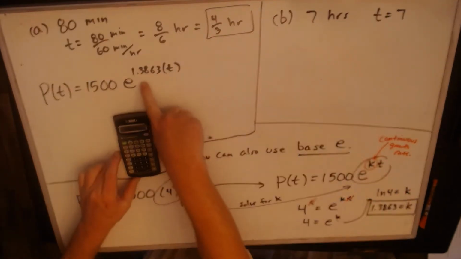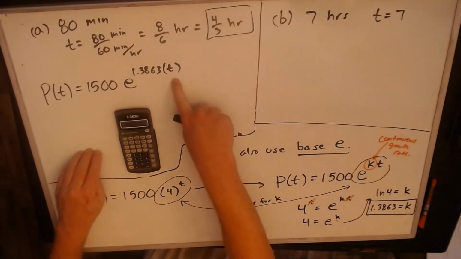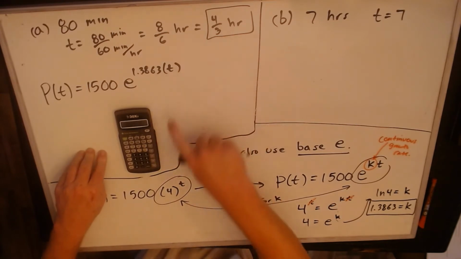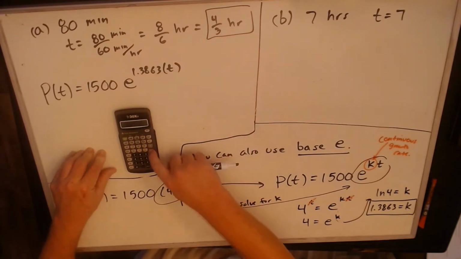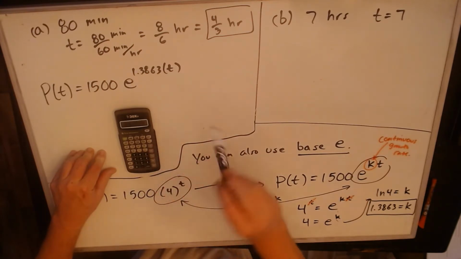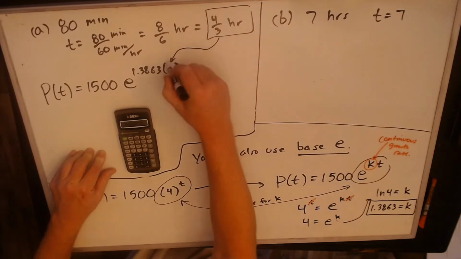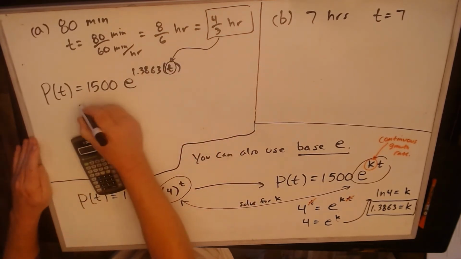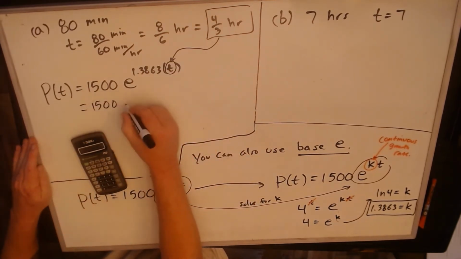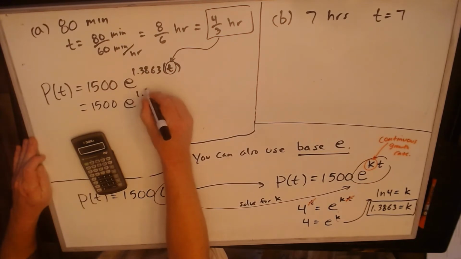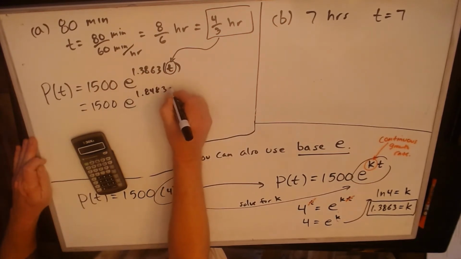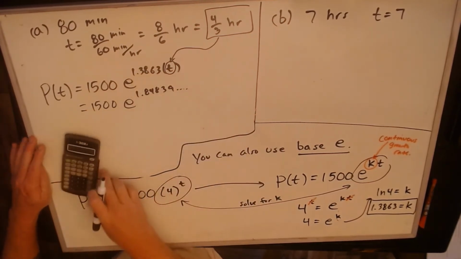So we have our exponent times t. We're going to do that times 4/3. So I take my growth rate, I multiply it by 4/3. That gives me 1,500 times e to the 1.84839, etc.